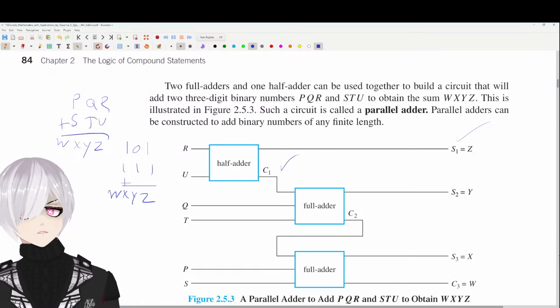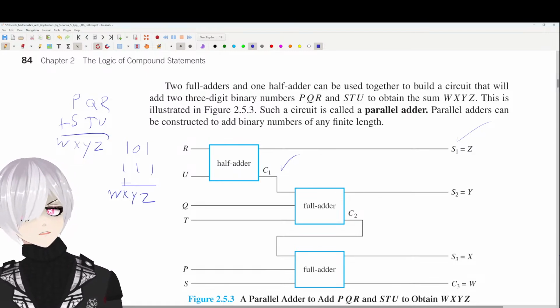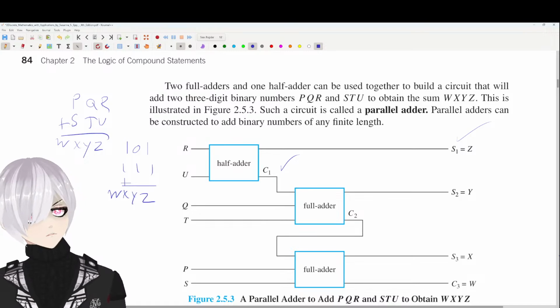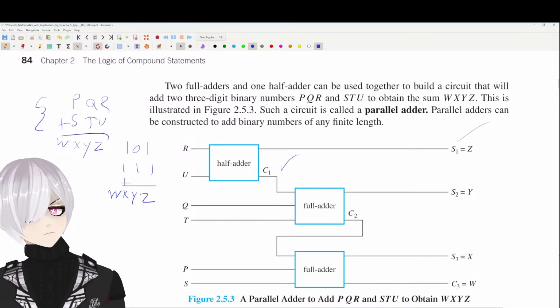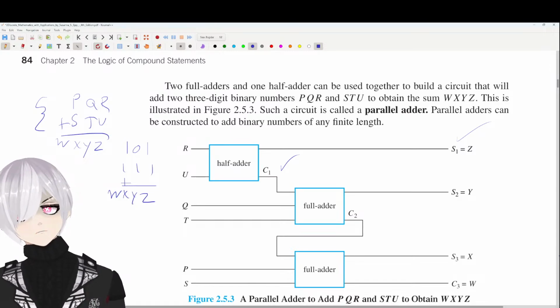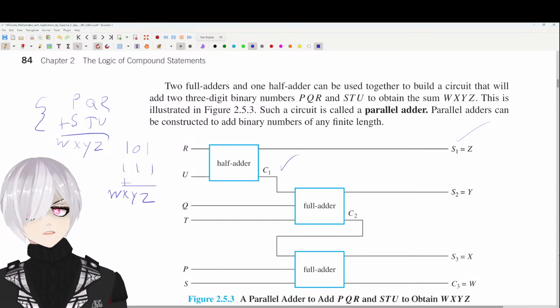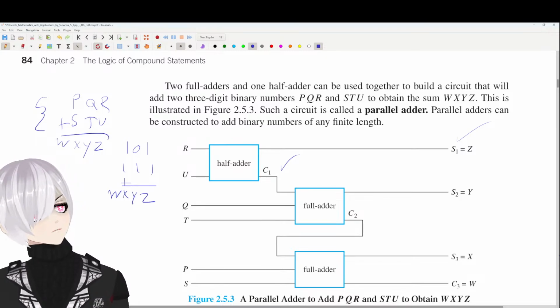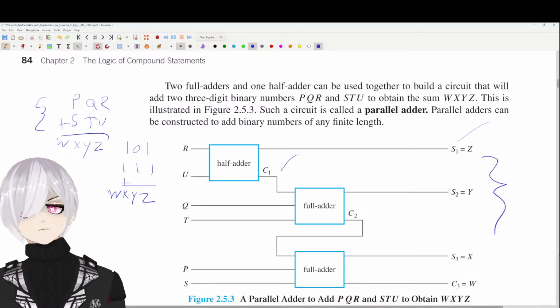Maybe it's expecting us to do it intuitively first and just understand how adding works, and then after we understand how it would work naturally, this is how you would implement that understanding. I assume, because it doesn't really explain.